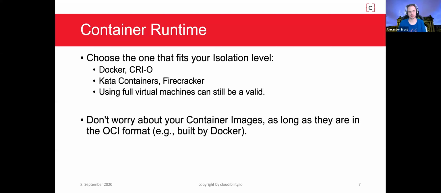Kata Containers, in combination with Firecracker, for example, doesn't just spawn a simple cgroup, a basic isolation based on the Linux kernel. The Firecracker part, which is from Amazon, really spawns a very lightweight VM, which simply offers more isolation than a simple container.